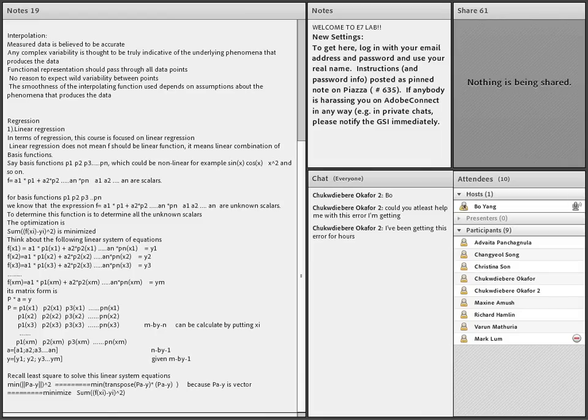So we can see that finding the regression function is equivalent to solving this linear equations system by using the least square. So the original regression problem is transferred to a least square problem.